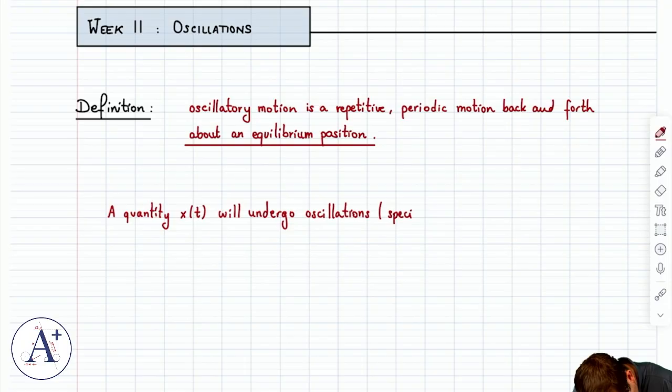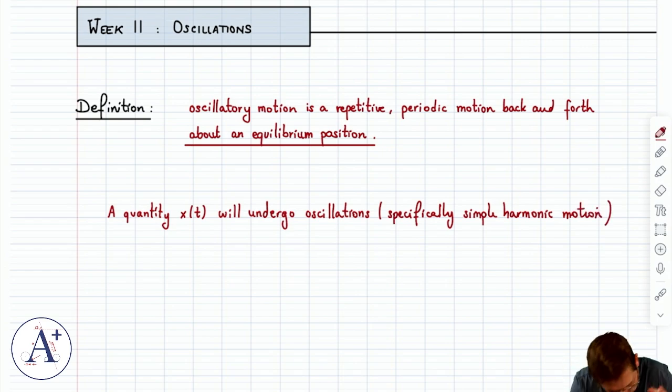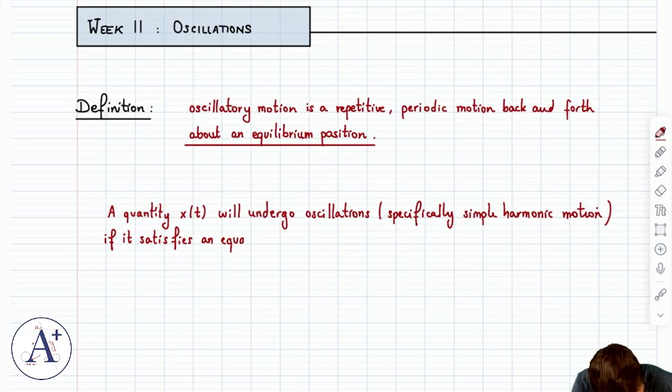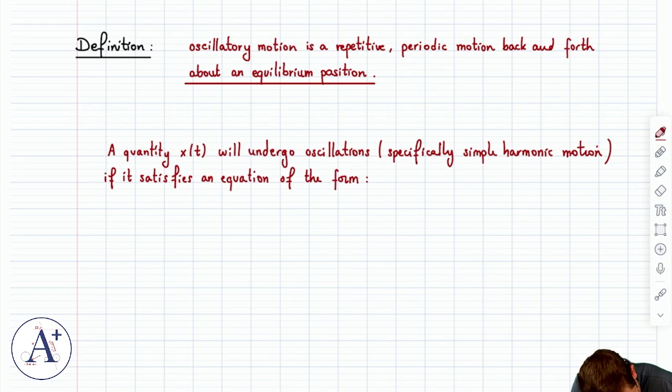Now, specifically, simple harmonic motion, which is a very specific type of oscillation, if it satisfies an equation of the form d2x/dt squared plus omega squared x is equal to 0.